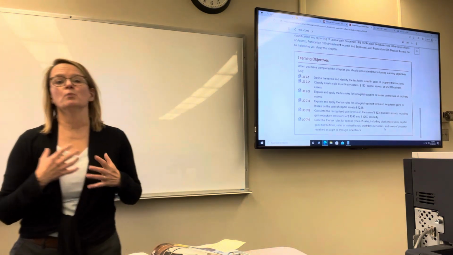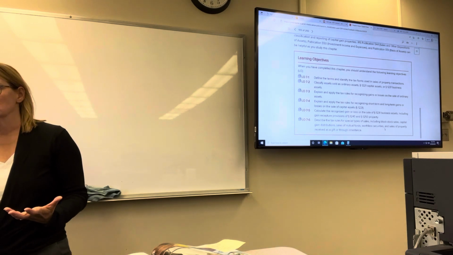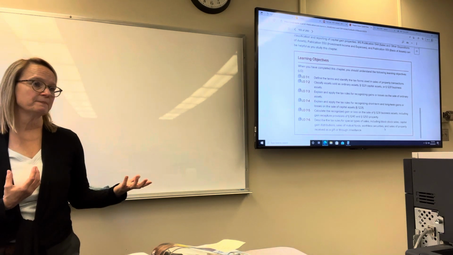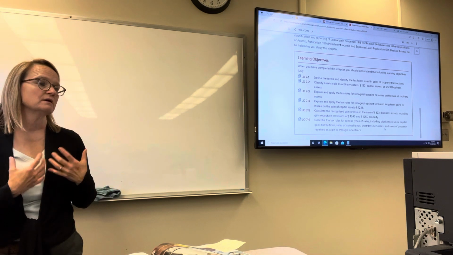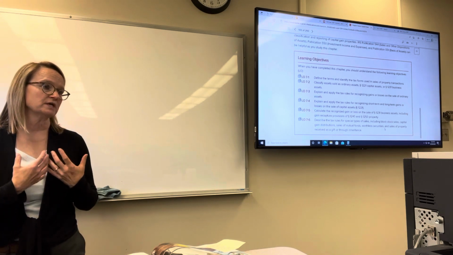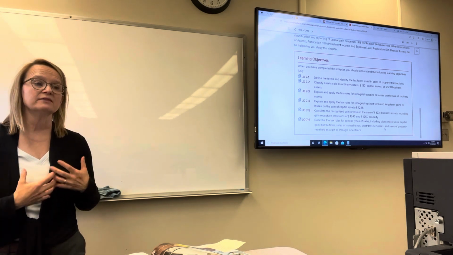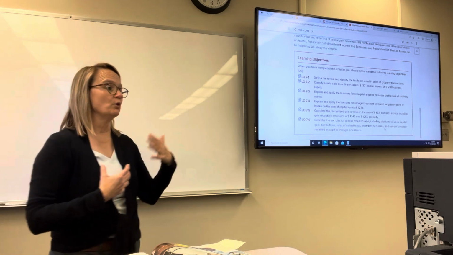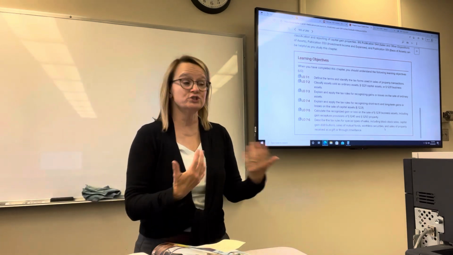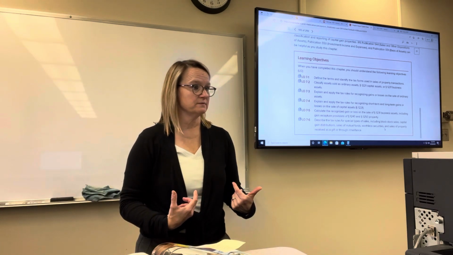Again, we have to make a distinction between these two. Ordinary income property, generally speaking, is if we're selling inventory or accounts receivable. Anything that, if it were sold in the ordinary course of business, would generate ordinary income for us.